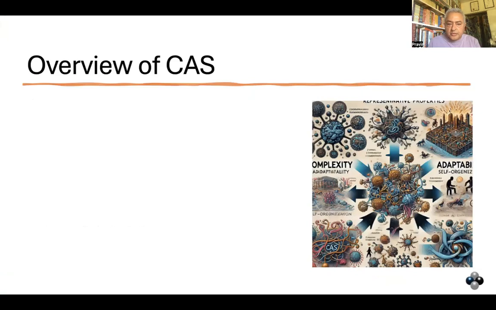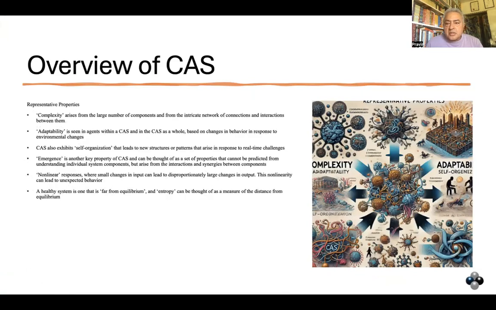So, beginning with an overview of CAS, here are some representative properties of CAS. There's complexity, and this arises from the large number of components and from the intricate network of connections and interactions between them. We have the property of adaptability, which is seen at both the individual agent level and the CAS as a whole. And this is based on changes in behavior in response to environmental changes or even changes from within a CAS.